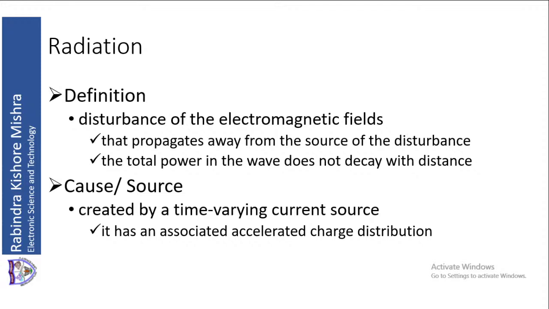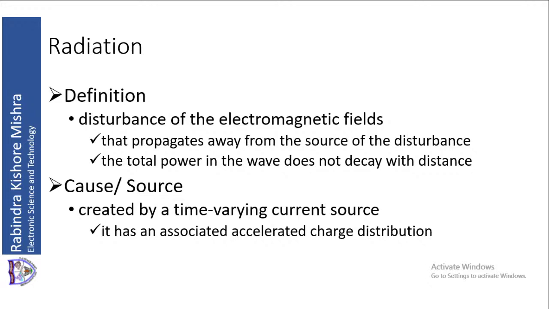If there is a disturbance of the electromagnetic field, the disturbance is called radiation. If there is no disturbance, which means the electromagnetic field does not move and remains static, then it is a static electromagnetic field. It is not related to radiation. So radiation is a disturbance of the electromagnetic field.